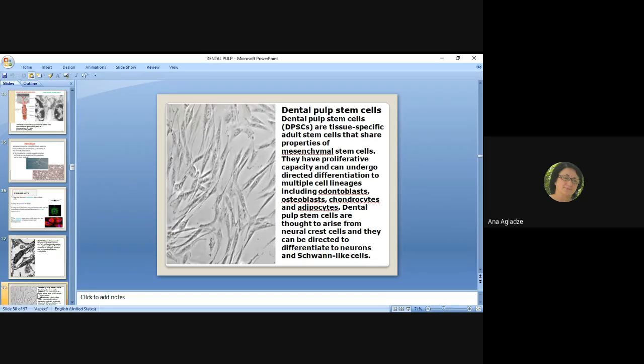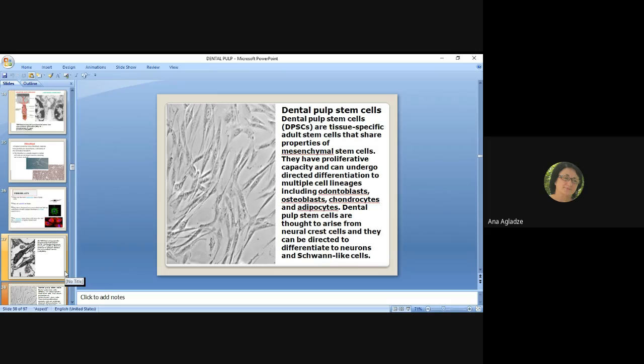collagen fibers. And the next type, which is very important now and a very promising cell type, is the dental pulp stem cells.